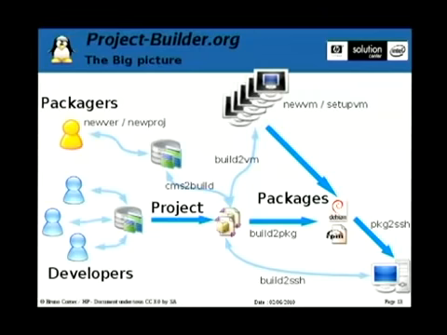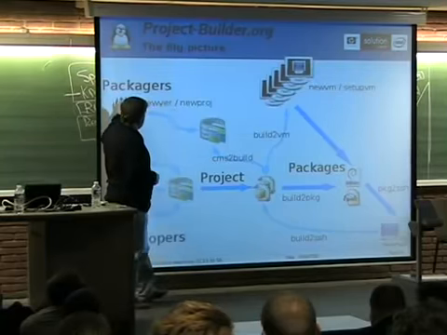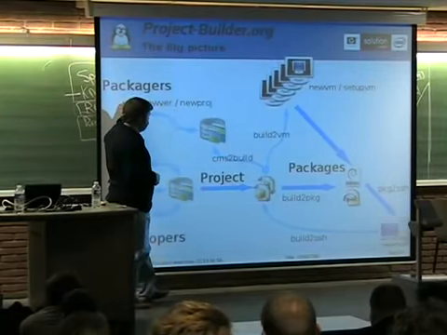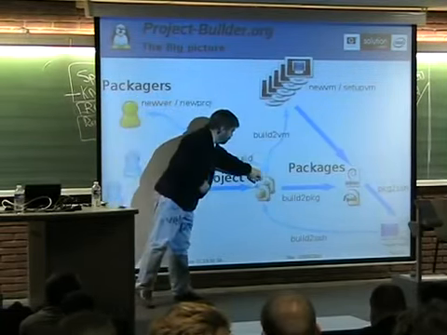You have the users, the developers who are producing the projects through their configuration management system, and then provide one tar file for you. And you have the packagers, which generally are providing metadata around the project and create other files.